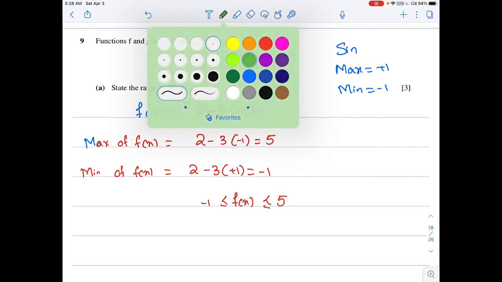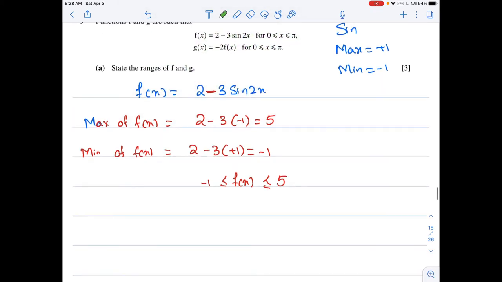Now what is the next part of the question? I have to find the ranges for g also. But what is g of x? g of x is equal to minus 2f of x. So again, because of the negative, to get the maximum value of g of x, I should substitute the minimum value of f of x.